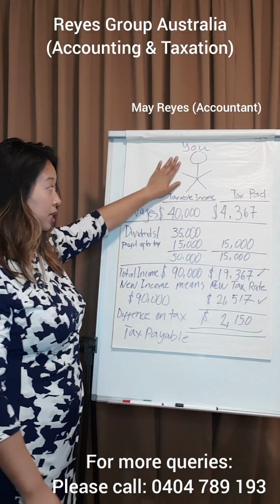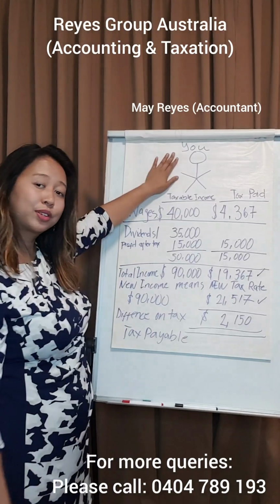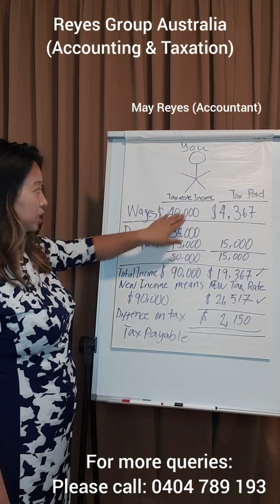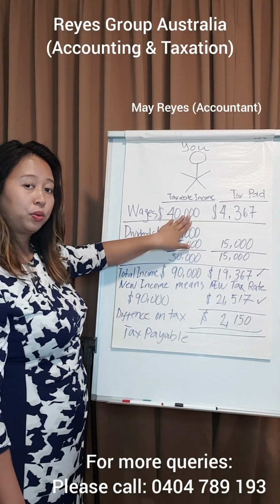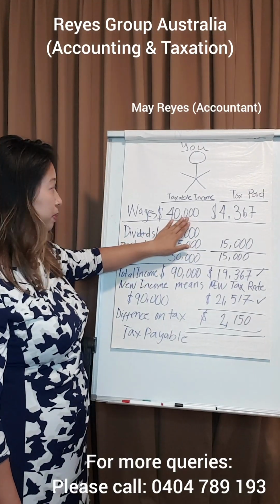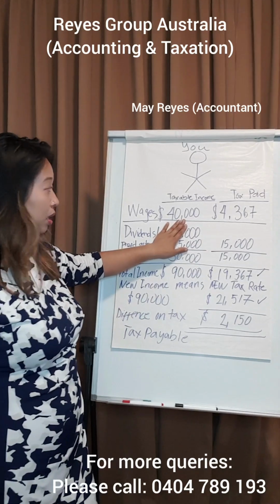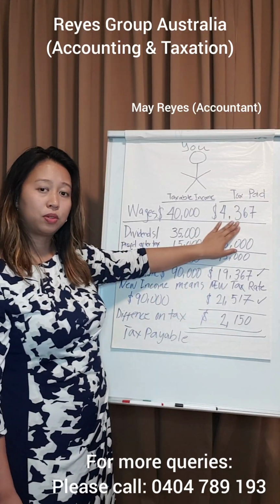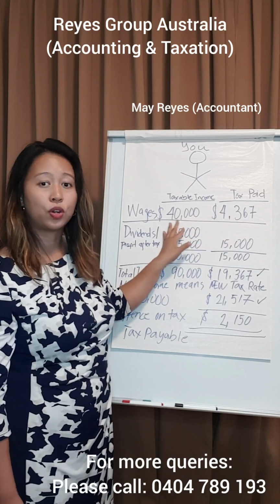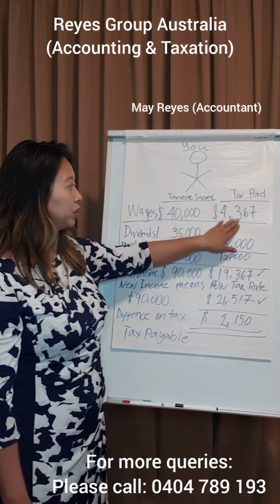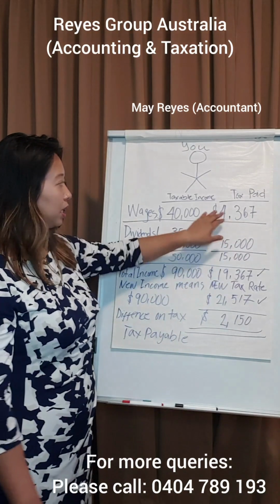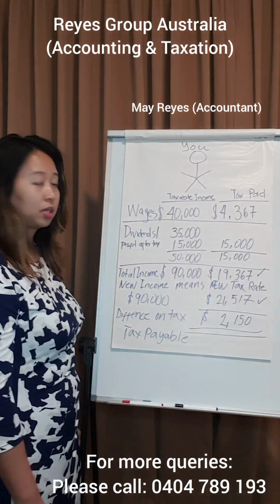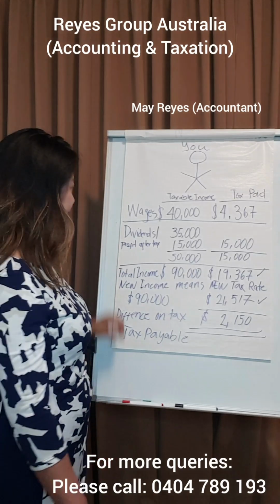So this is you, the director of the company. This is your wages, and we all agreed that you will be given wages by the company of 40,000. By doing so, the company is withholding tax from you because you're the employee of your own company. In this scenario, there's a withholding tax of 4,367.